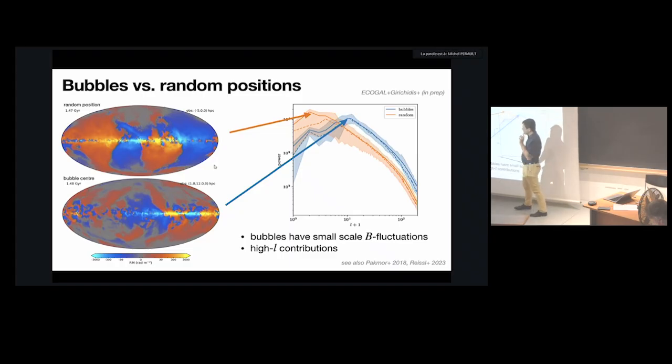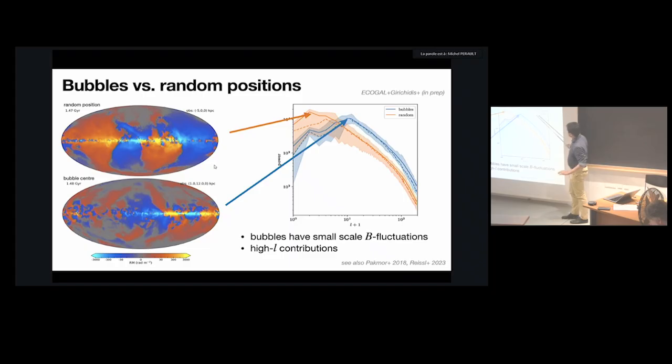If I now place myself in the center of a bubble, as we have in our local bubble, then suddenly the large patches are still there, but are superimposed by a lot of small-scale patches. So I looked at plenty of those plots and then made a quantitative analysis in terms of the angular power spectrum.